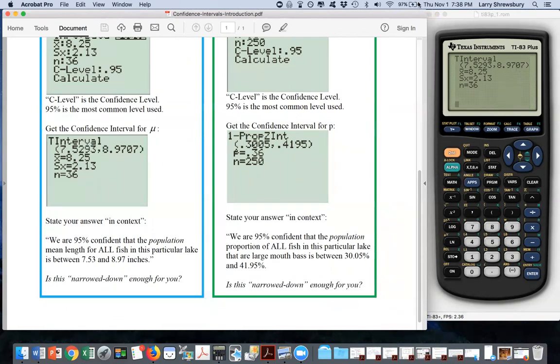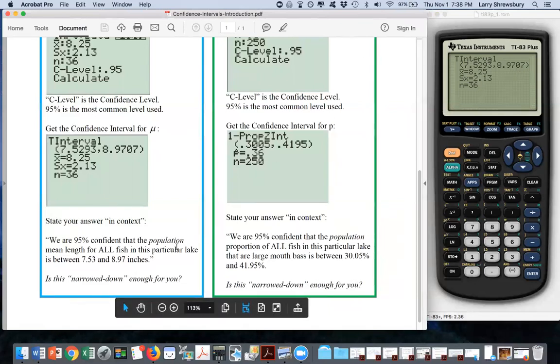So notice this. I make sure I get the word population in front of me so they know for sure I'm talking about the population mean, not the sample mean. We're 100% confident the sample mean's in there. It's smack dab in the center, silly.